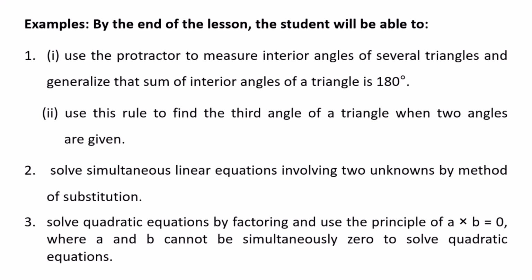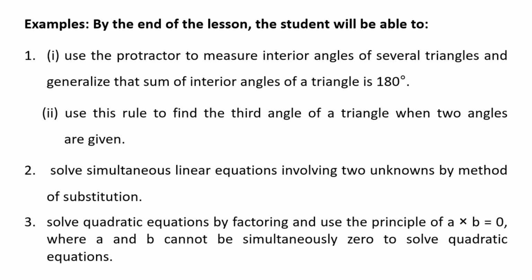1. Use the protractor to measure interior angles of several triangles and generalize that the sum of interior angles of a triangle is 180 degrees. Help them to draw several triangles and measure all the interior angles, and realize that they are getting something at 180, closer to 180, or a little beyond 180.